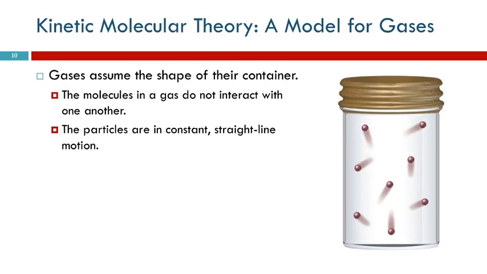You think about a baseball, you throw a baseball, you shoot a bullet, and there is resistance as it goes through the air, and gravity's pulling on it, and it slows down and eventually falls to Earth. That doesn't happen with gas particles. They just keep moving until they bounce into something. And they're not attracted to each other, and so they're not going to clump up in the bottom. They're just going to bounce around. They're going to fill the container, and they're going to take on the shape of the container.